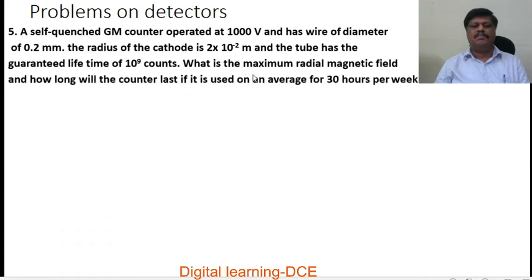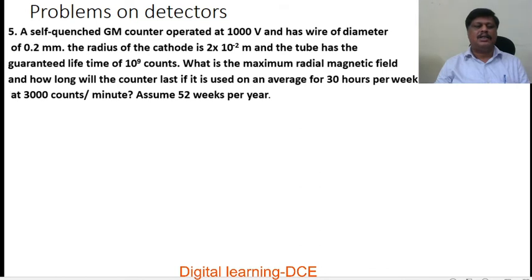What is the maximum radial electric field, and how long will the counter last if it is used on an average for 30 hours per week at 3000 counts per minute? Assume 52 weeks per year. One correction here: this is not magnetic field, this is electric field.